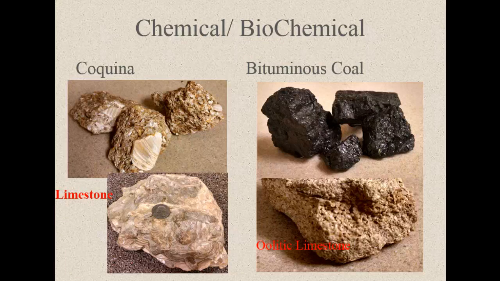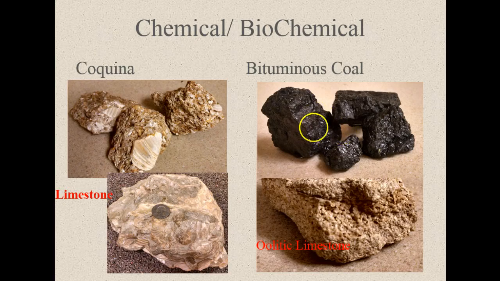The chemical and biochemicals, here are a few more. Another example might be a coquina, which is a sedimentary rock made up of fragments of seashells that have been glued back together. Another one might be a limestone. Down here below we have a limestone, and this particular limestone is actually a fossiliferous limestone in that it also contains fossils within the limestone itself.